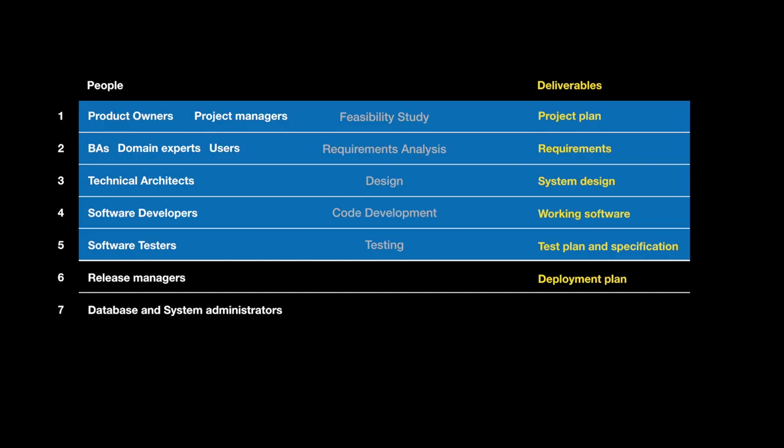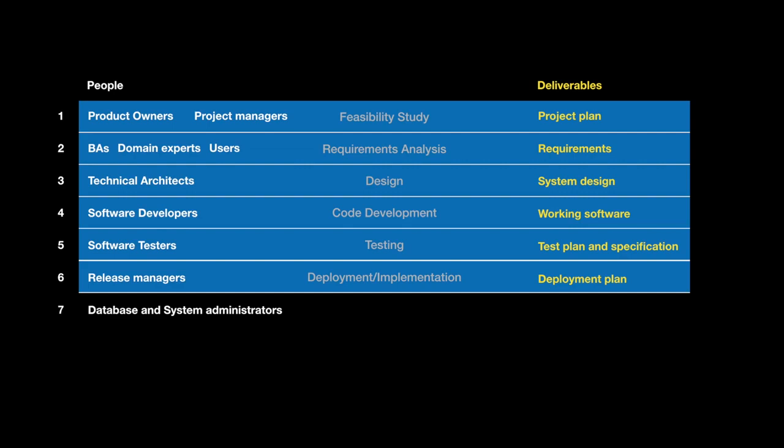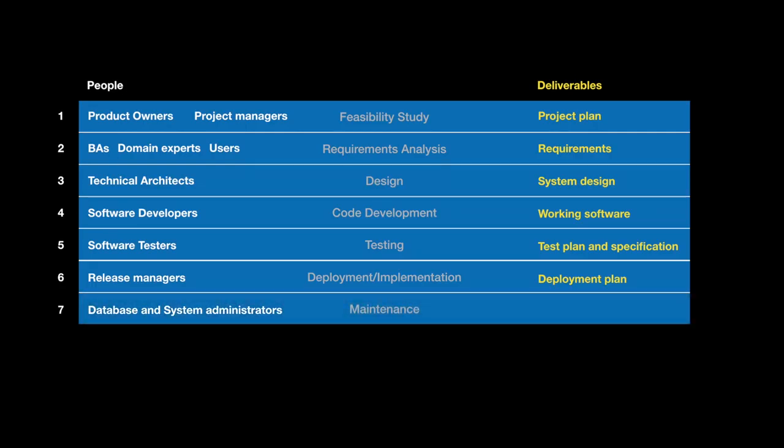If all went well, then we're at stage 6 and we can deploy our application. This is the deployment or implementation phase, and a release manager will produce a deployment plan to get the product live. Again, software developers are usually pretty heavily involved with this stage of the lifecycle. Last of all, there's the maintenance stage, which covers every kind of supervision a live product needs, from bug fixes and enhancements to administrating it effectively.